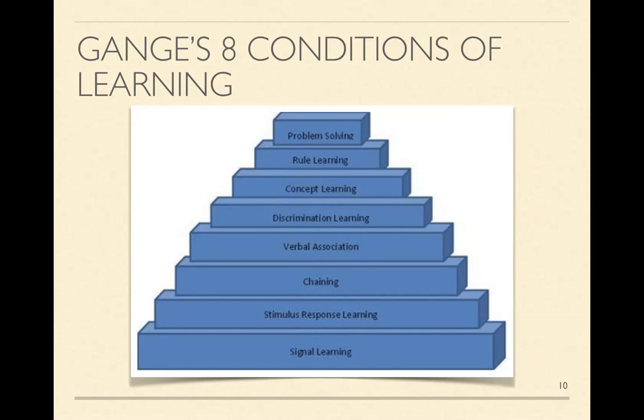Then we move into concept learning, which is where things really get fun, which involves the ability to make consistent responses to different stimuli. It's the process in which we as learners know how to organize learning in a systematic structure and foster deeper learning. So when we get to the 6th and the 7th levels, we start to connect things and know what certain aspects of a concept or situation we need to examine further to gain a better understanding.